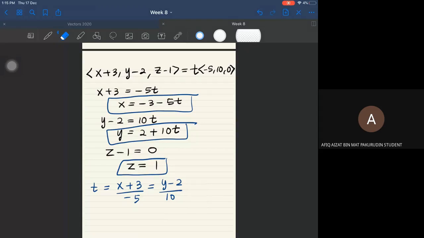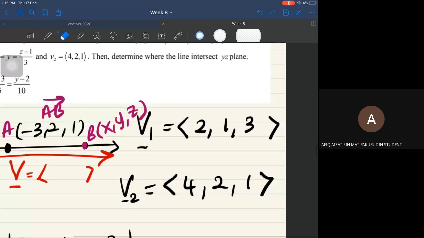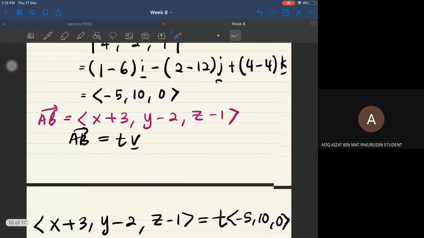So, tapi tak habis lagi kan soalan tu. Dia kata determine where the line intersect YZ plane. So, dia nak cari point of intersection ni bila kita intersect YZ plane. So, kalau intersect YZ plane, X sama dengan kosong.